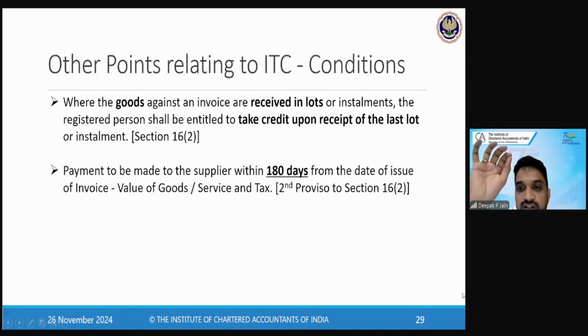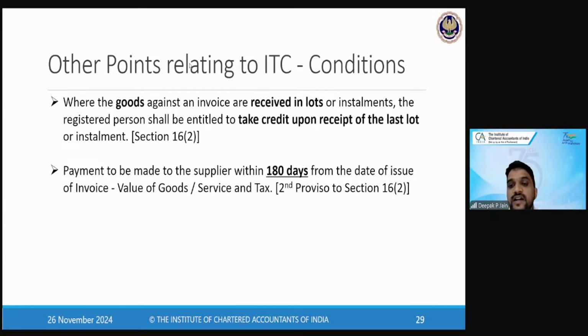Payment to be made to the supplier within 180 days. This is second proviso to 16(2). Very important. It says that if you want the credit, pay to the vendor within 180 days. If you default in this payment, then your credit will be reversed. You have to reverse it. Same जैसे हमने कहा था, avail, reverse, re-avail. Similarly, within 180 days, if you do not pay, then you have to reverse it. Will it go back to the vendor?